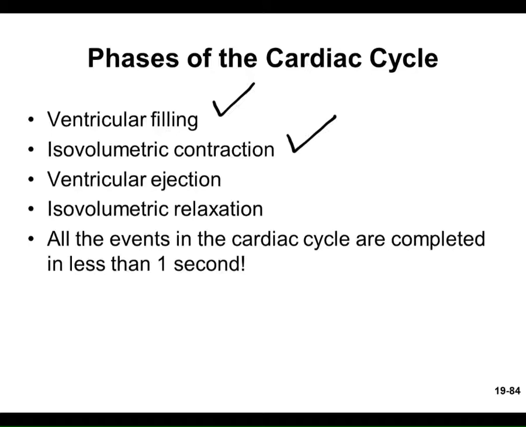Semilunar valves. And now there's going to be an ejection of the blood in the ventricles. And then the ventricles will begin to relax in an isovolumetric way again. So in other words, they're going to relax, but there's no new blood coming in, the same amount of blood, isovolume. And then all over again, what's going to happen next?